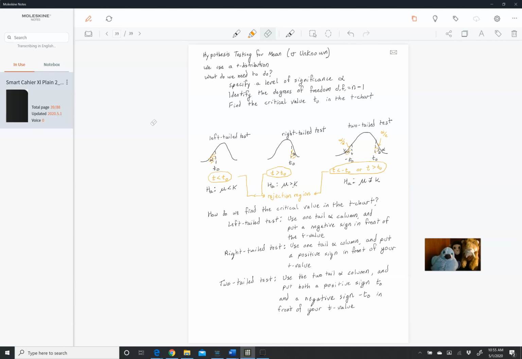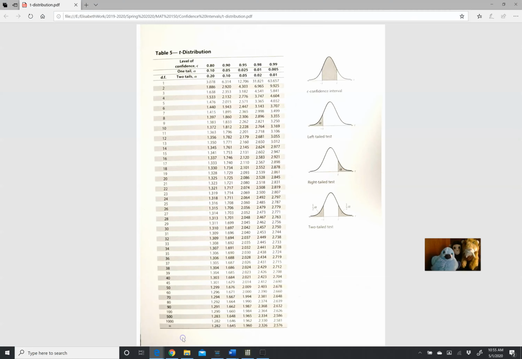finding that critical value. Okay, here's the t-chart. And you could see here that we have our level of confidence, which is for the confidence interval. What we're looking at is these rows where you see one tail and two tail.